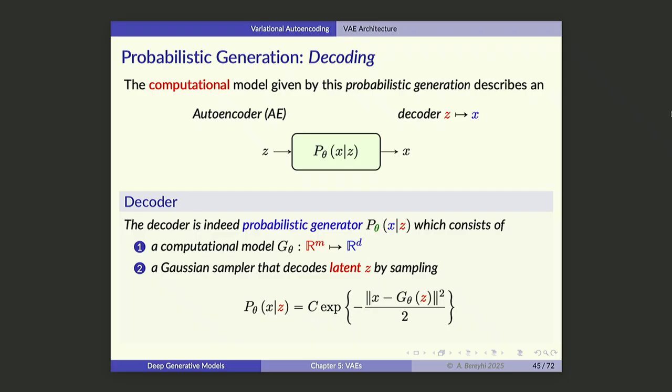And in addition to that mean value, it has one Gaussian sampler, which looks at this mean value and samples with that mean value, which is essentially sampling one IID Gaussian added to the mean value, right? This is your decoder. This is the way that you get from one latent sample into the data sample.